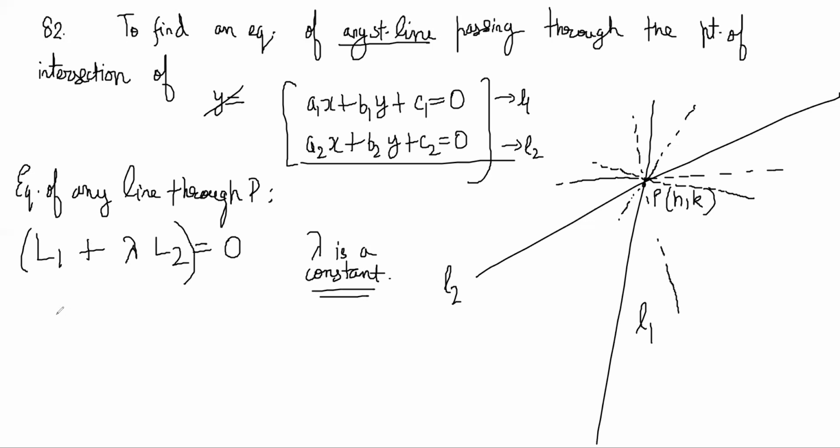Because if you think of it, y minus y1 is equal to m into x minus x1 is the equation of a line through a point. Let's say this is P, so you are getting y minus yp is equal to mx minus mxp, right?